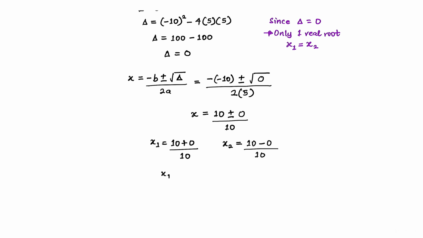So the first value of x1 equals 10 plus 0 is 10 divided by 10. So that means the first value of x is 1, and x2 equals 10 minus 0 is 10 divided by 10. So that means the second value of x is 10 divided by 10 is also 1.